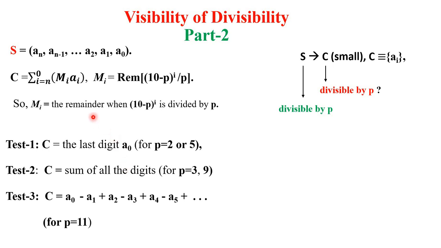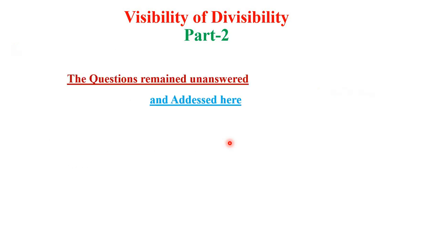And we have seen that yes, for the ai's, here is how to extract that c. c is simply the summation of ai times mi, where ai are the digits of the number and mi are the multipliers, which are nothing but the remainder when 10 minus p to the power i is divided by p, as simple as that. So that was the recipe, and we have applied it for different numbers.